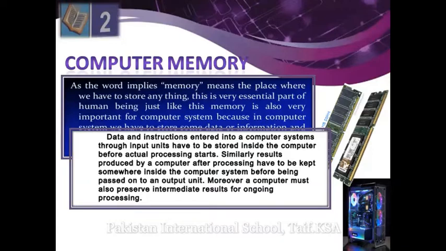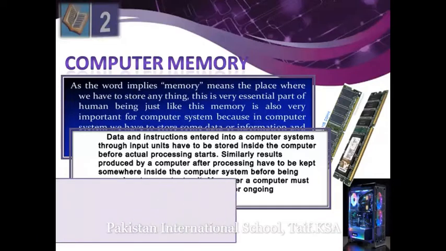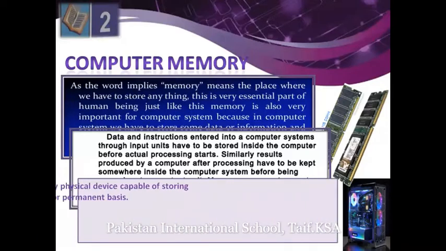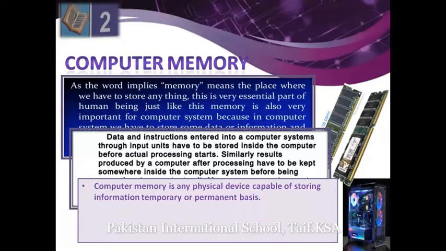So when you enter some sort of input, you need a memory to save your data or instruction. When you get your results, you need some sort of memory where you can put your data or instruction. So memory is very important in a computer system. Every time you can use it to save your data and instruction. Computer memory is a physical device capable of storing information on a temporary or permanent basis.